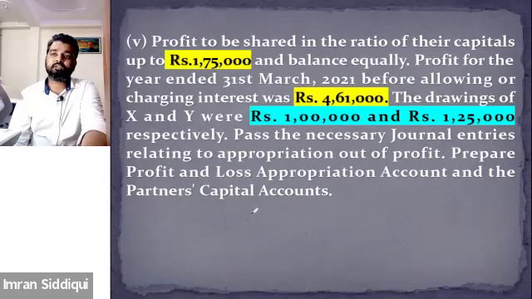Whether they have withdrawn it at the very beginning, or in the middle of the year, or at the end of the year, or throughout the year month wise, this is not given in the question. So whenever the date of drawing is not given, we will simply presume that the interest will be calculated for half year only. That means for a 6 month period only. Is it clear now? Okay, sir, clear now.